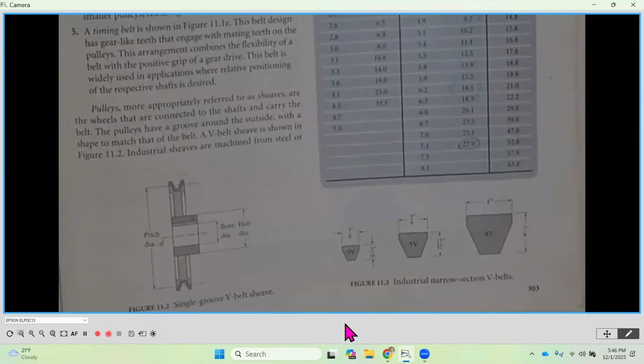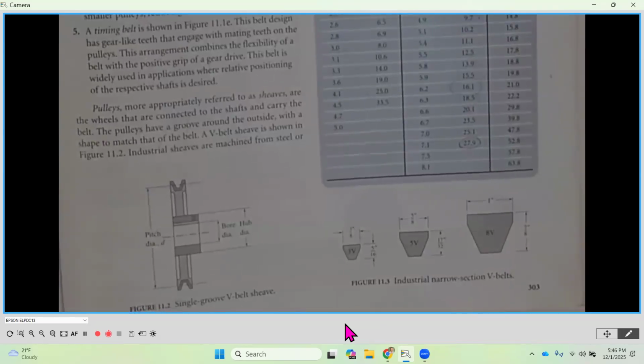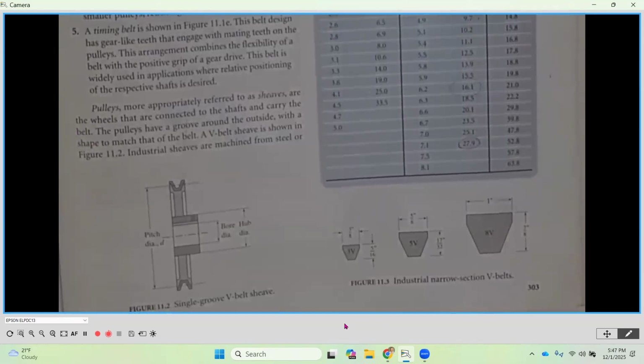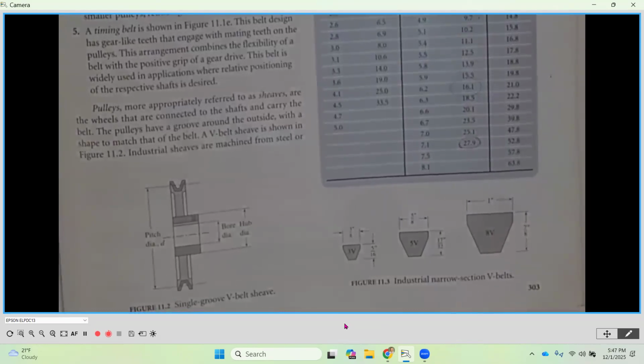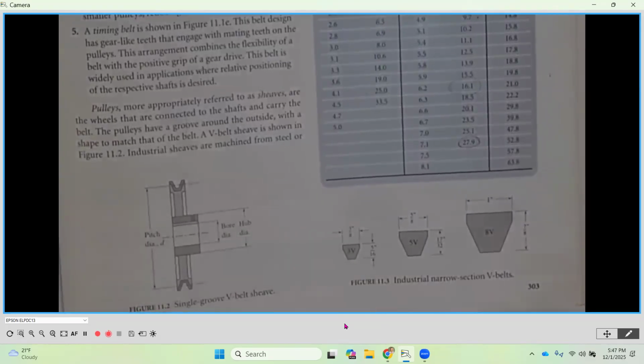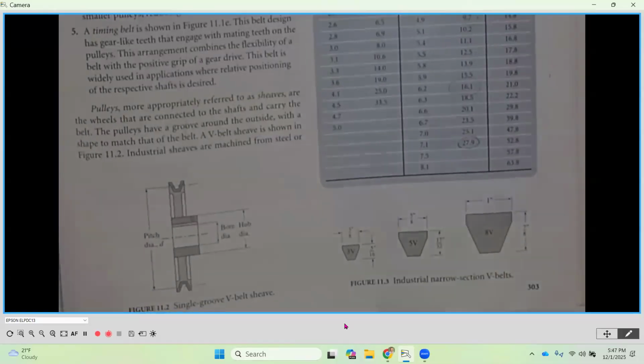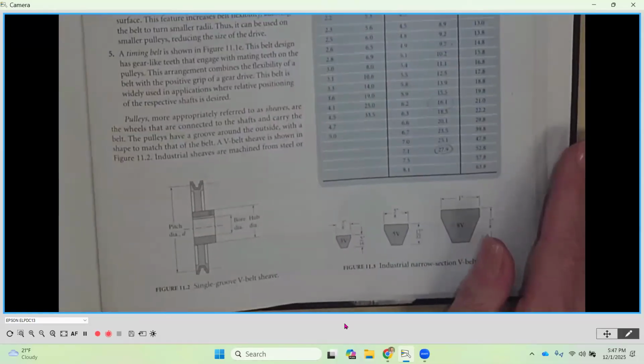And what that does is it saves downstream components that would otherwise be very expensive to replace. Okay. So sometimes we intentionally use a V-belt that's smooth like this, that has a V shape, so we can get that slipping when it gets overloaded. When we have a timing belt, we're not going to get that slipping when it overloads, just because of the nature of the teeth on that belt.